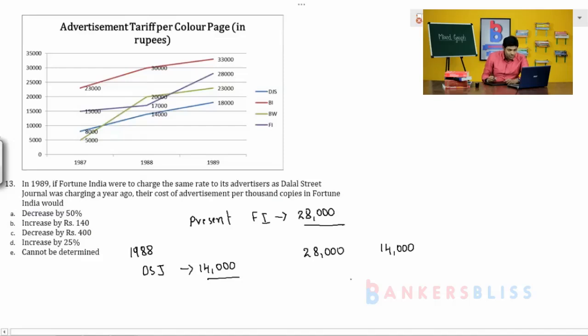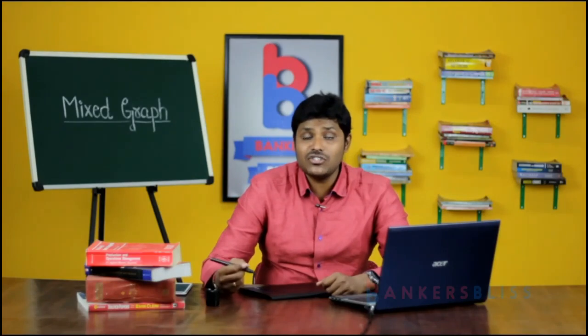So how much is it reduced? 14,000 is half of 28,000, which is 50%. So there is a decrease of 50%, option A is the right answer. What they are telling is, previous year means 1988, Dalal Street Journal were charging 14,000.